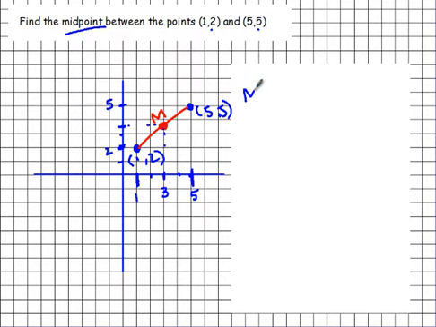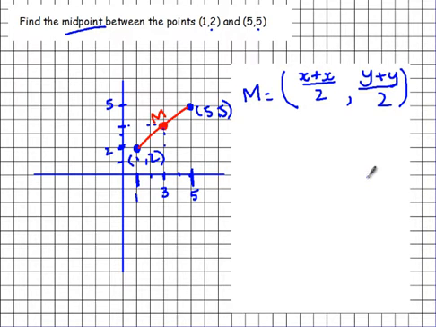So, to get the coordinates of our midpoint, what we're going to do is get the average of the 2 x values. So get the 2 x values, add them together, and then halve it. That's how you get the average of two numbers. You add them together and you halve it. To get the middle point, the average of our two y values, add them together and halve them.